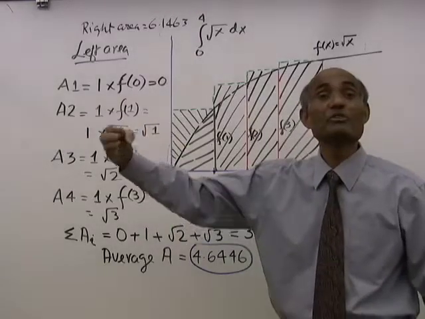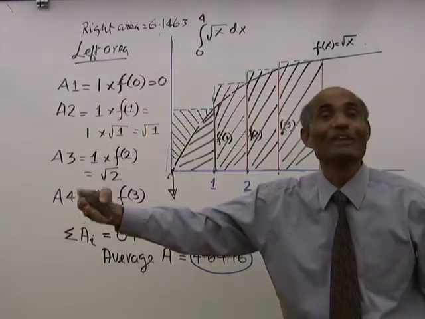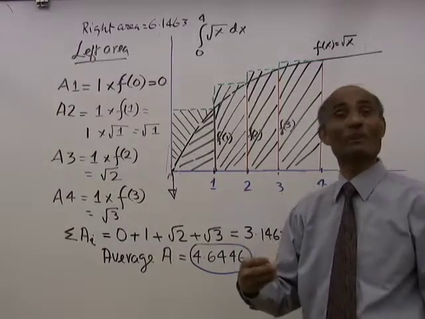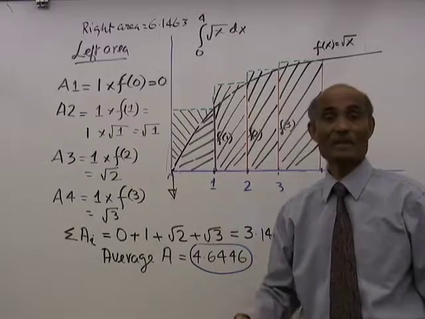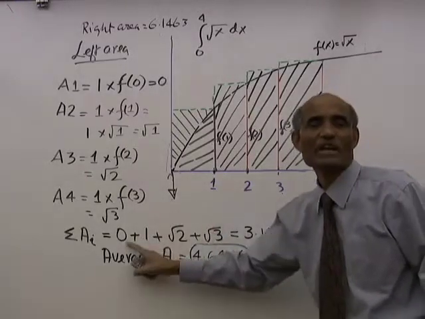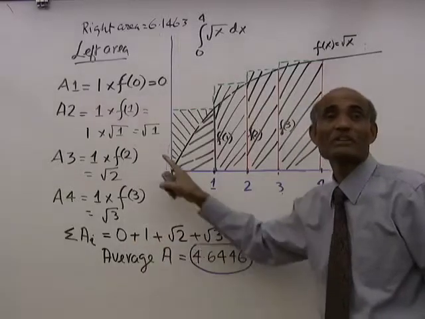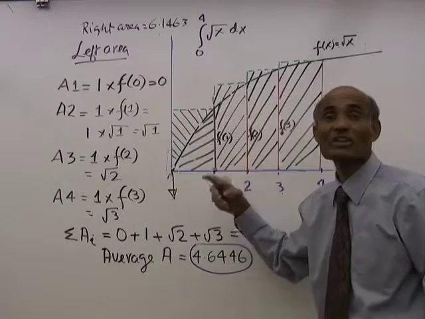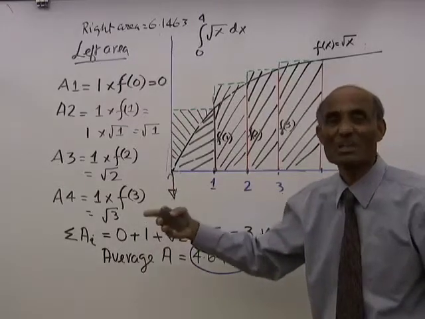If you divide it into 100 rectangles, the error can be minimized even more. And that is what the method of calculus is. Now, let me show you how the calculator can be used in measuring these areas and adding these areas by using the summation of a sequence.